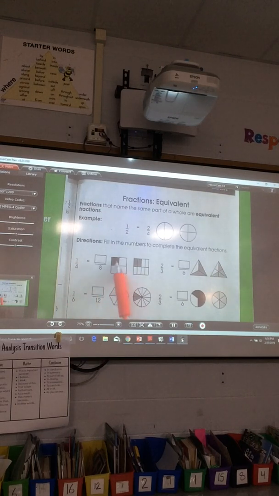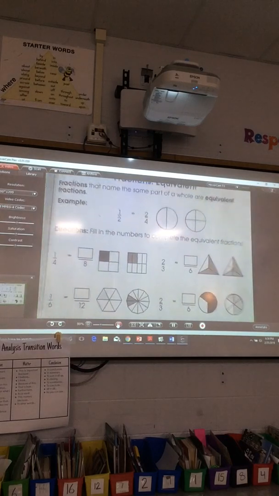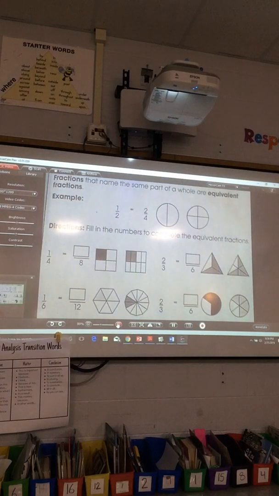We can see in this first model here that 1 out of the 4 pieces is shaded. If you look at this model, the same amount of the shape is shaded, but instead of being divided into 4 pieces, it's divided into 8 pieces. It's just like he was showing you on the video, okay?